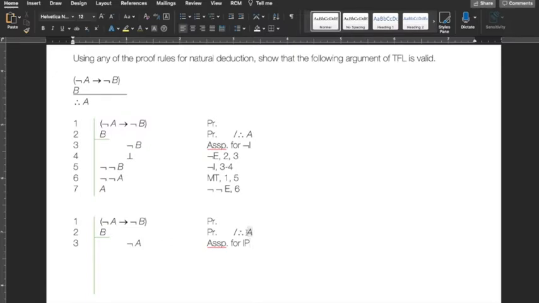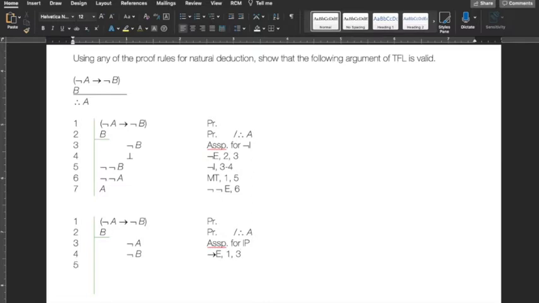And since our goal in the conclusion is to get A, to prove it by indirect proof, we should assume not A. So by this, we can get not B by our normal conditional elimination rule applied to 1 and 3.